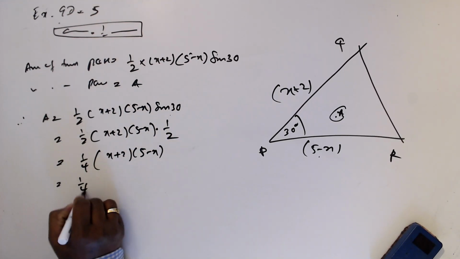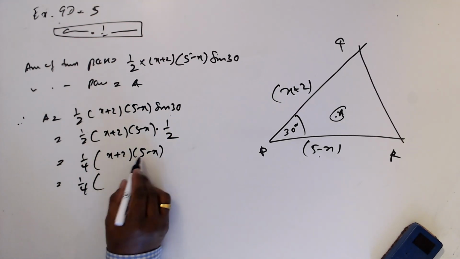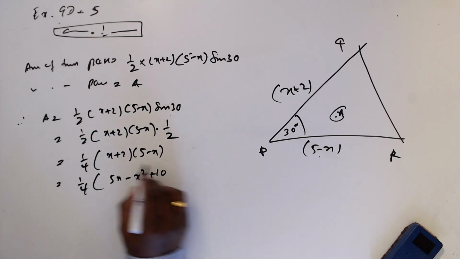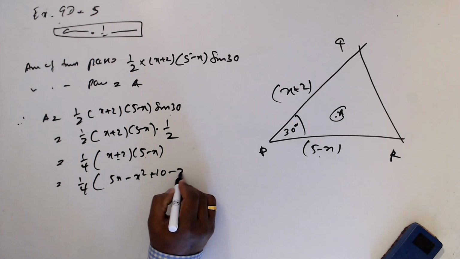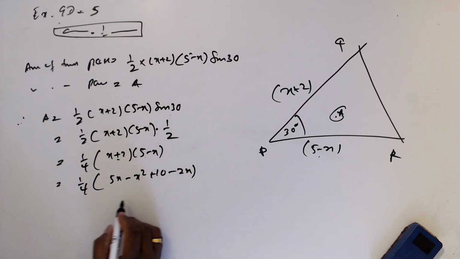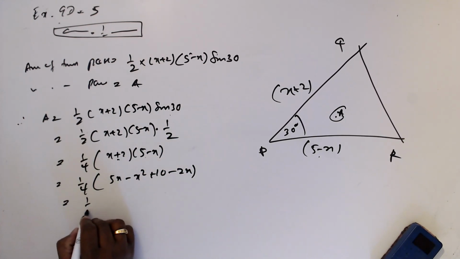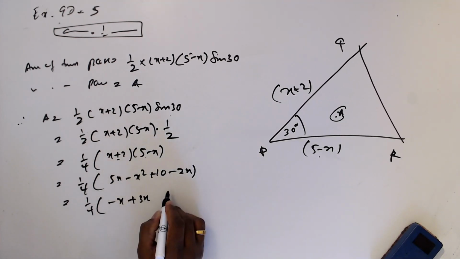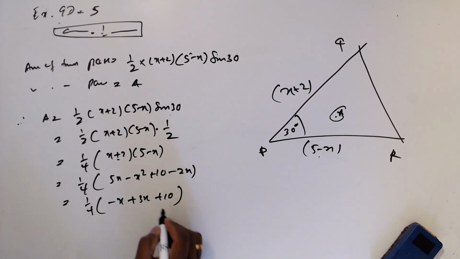It means 1 over 4, this is going to be 5x minus x square plus 10 minus 2x. This means 1 over 4 (minus x square plus 3x plus 10).